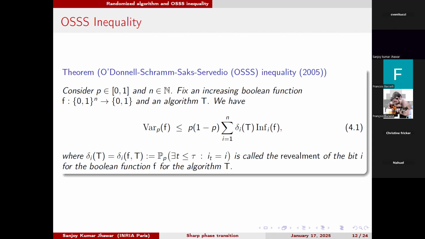So it may happen that some of the edges are not explored, so the revealment probability is 0 there, but some of the edges will be explored. In your algorithm of finding a path from the origin to the boundary, you do not reveal all the edges, but some of the edges are revealed. It happens randomly that a particular edge is revealed with a certain probability.